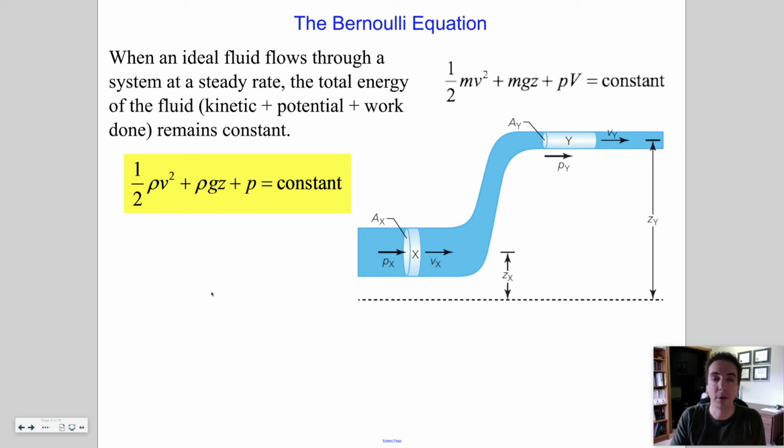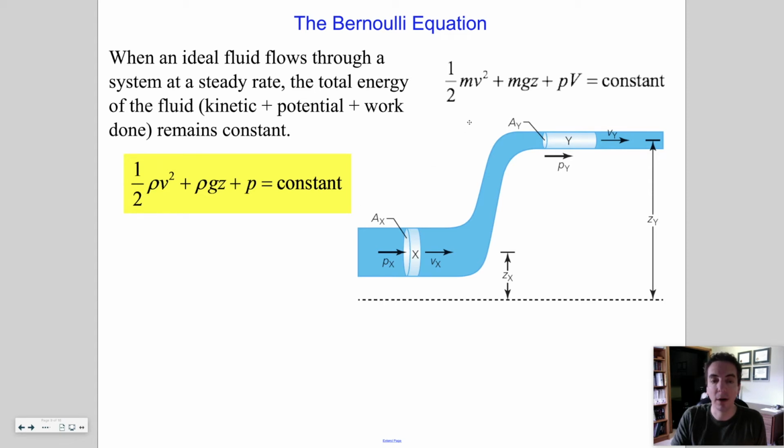The Bernoulli equation. When an ideal fluid flows through a system at a steady rate, the total energy of the fluid, so we've got potential and kinetic, and the work done remains constant. So here's your kinetic energy, here's your potential energy, and work done, pressure times volume, that equals a constant.